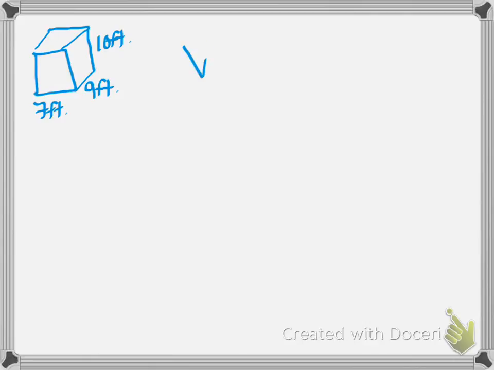Okay, now I'm going to give you a couple practice problems to do on your own to see how you are getting this topic. So if we have a rectangular prism with 7 feet, 9 feet, and 10 feet, what would the volume be?